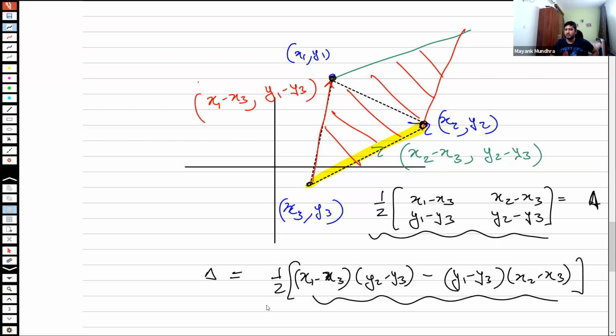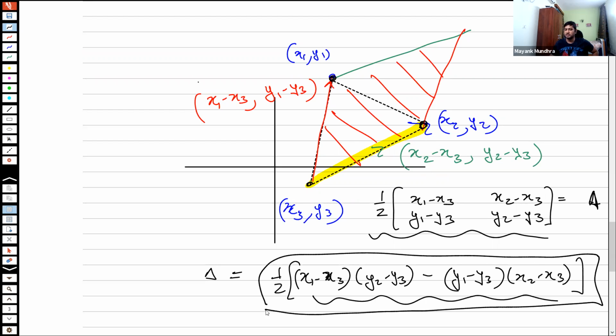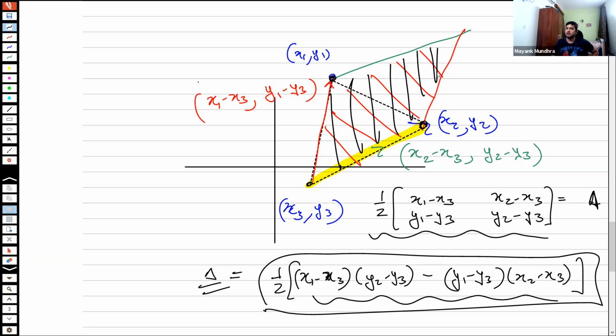So although I have not given you this formula that area is equal to this much, you can use the property that the determinant of two vectors is the area of the parallelogram to actually generate this particular formula. It would classify as a difficult problem. Maybe it would come up as one of the subjective problems in ISI, but it is still in your syllabus. My bottom line here is that it's not out of syllabus. It's difficult, but it's not out of syllabus.